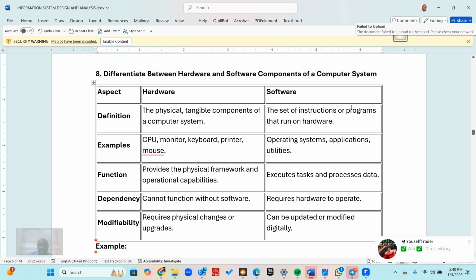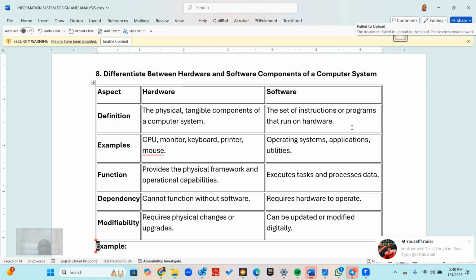Software is a set of instructions and programs that run on the hardware. The hardware runs the software. So the software depends on the hardware to run.